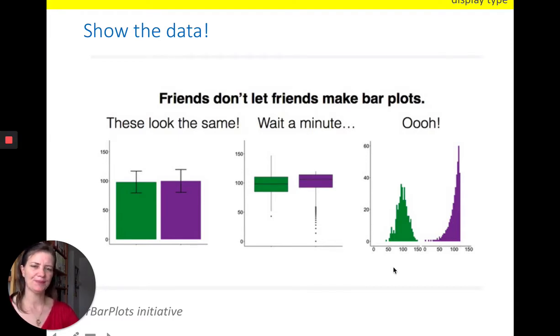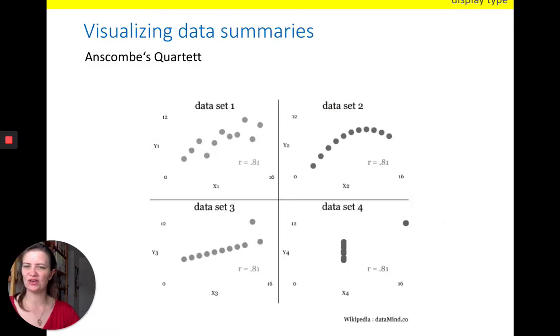So the scientific basis for this is, of course, what's described in the Anscombe Quartet, and I invite you to really read the Wikipedia article on this. Basically, at some point, Anscombe realized that you can have a lot of different data that all give you the exact same summary statistic values.